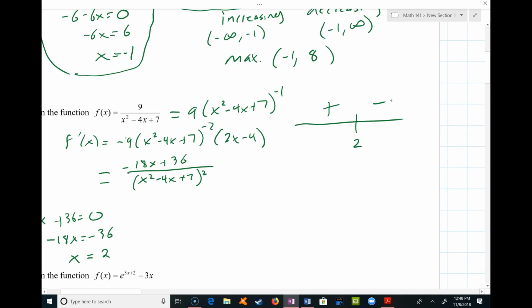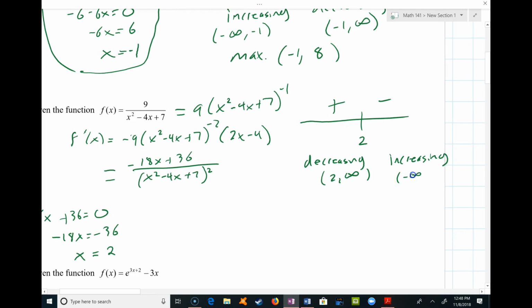That tells me that it's decreasing from 2 to infinity, increasing from negative infinity to 2, and that there's a maximum at 2 comma something.